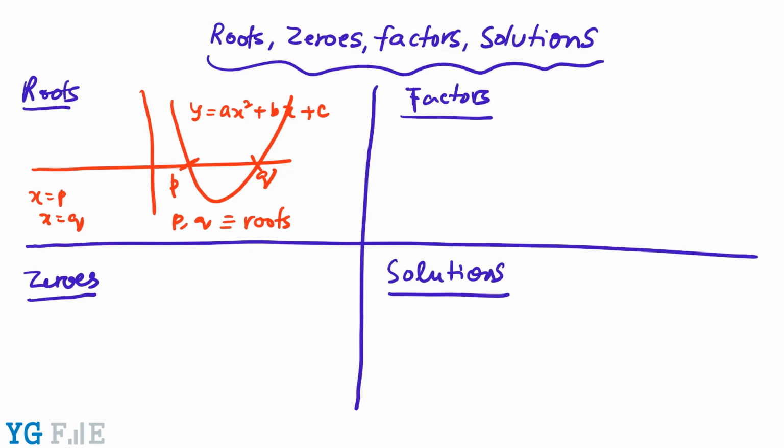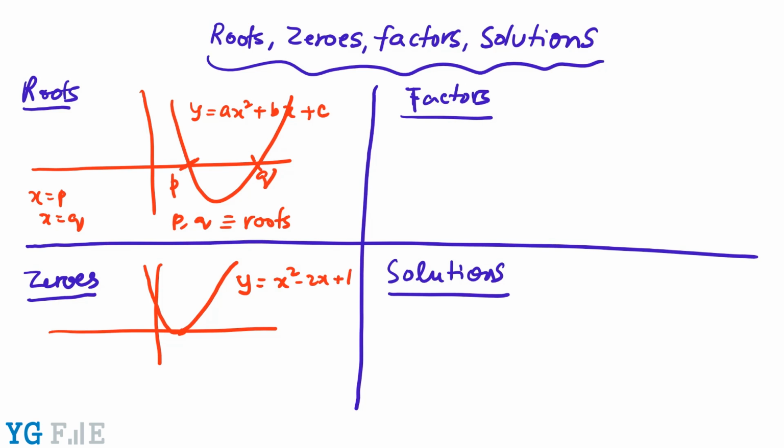Again, let us take an example this time. Let us try to draw y is equal to x minus 1, that means x is equal to 1. Let us say this function is y is equal to x square minus 2x plus 1.